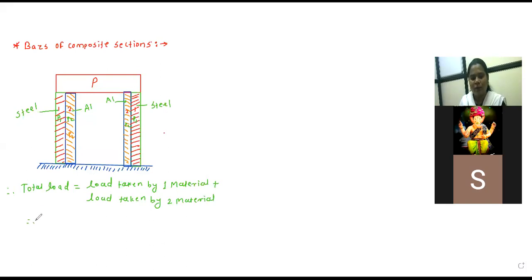Therefore total load P is equal to P1 plus P2. Likewise we have to add all forces.